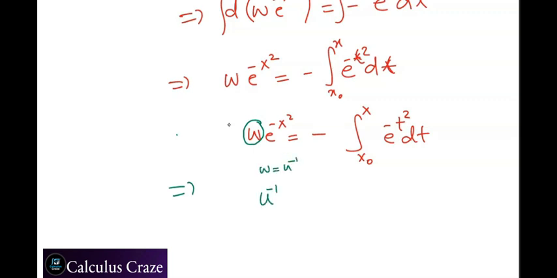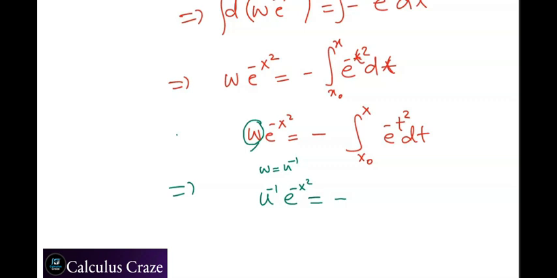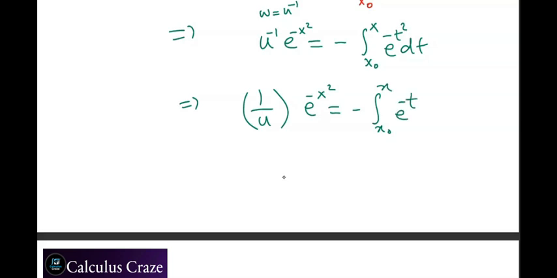So substituting back whatever we had substituted in the start, I can write 1 upon u into e to the minus x squared equals minus the integral from x naught to x of e to the minus t squared dt.